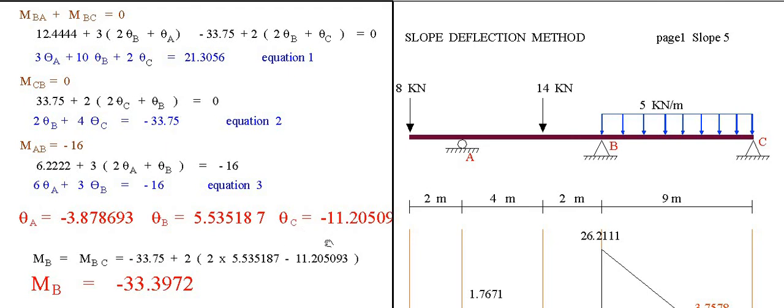So substitute this theta B and theta C. One is negative, the other is positive.